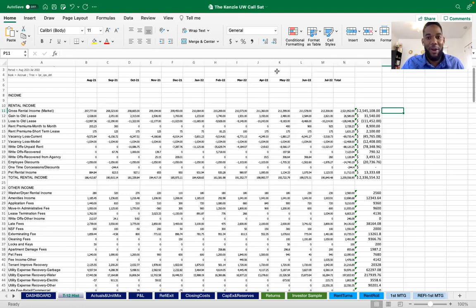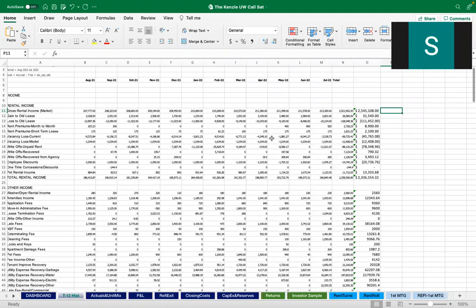So physical vacancy is usually units that are unoccupied and don't take much to get rent ready. And economic vacancy includes people that are not paying rent, as well as a unit that was converted to a model unit, or a leasing office, or a unit that needs substantial rehab.